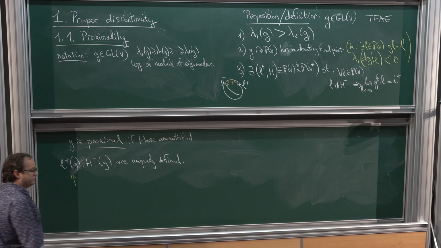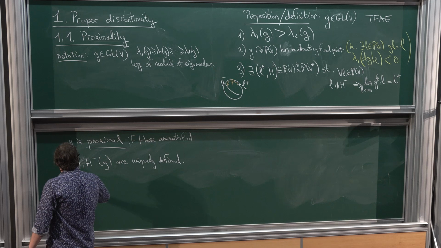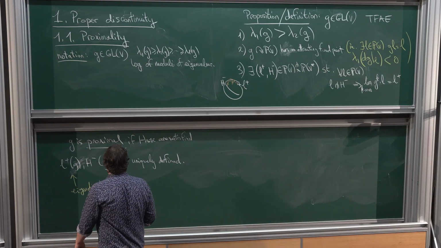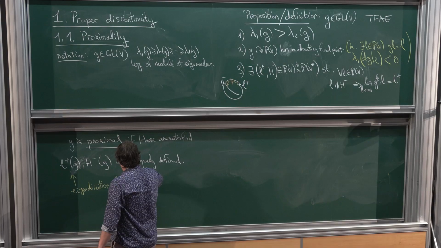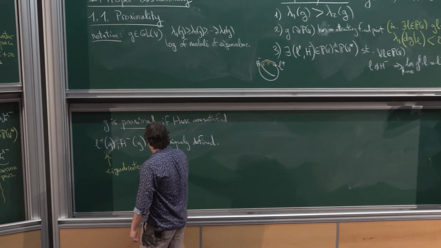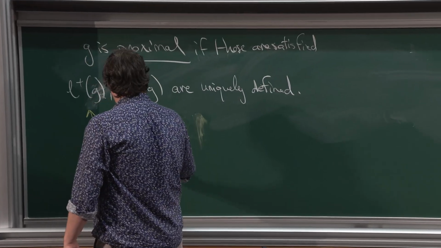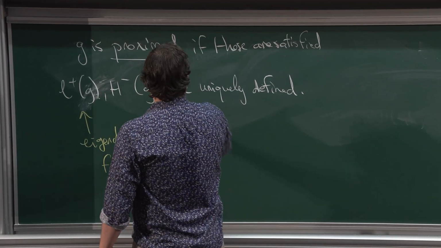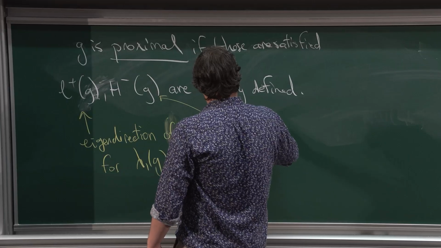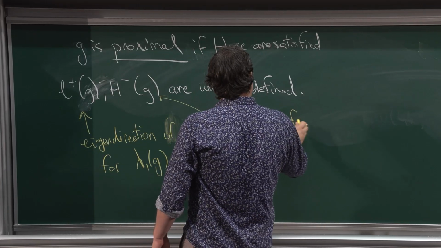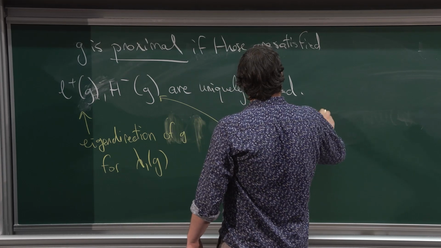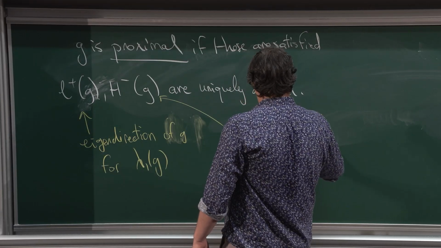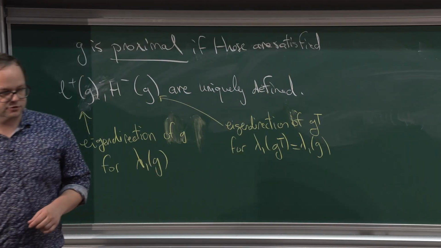It's just an eigendirection for G. Sorry, it's the eigendirection of G for the eigenvalue corresponding to lambda 1, and this H minus will be the eigendirection of the transpose of G for its largest eigenvalue, which is the same as the largest eigenvalue of G.